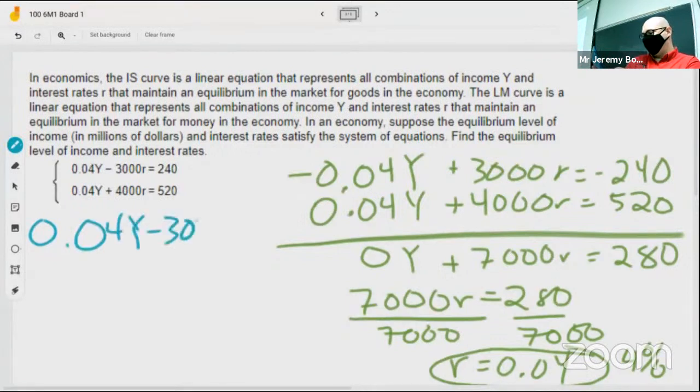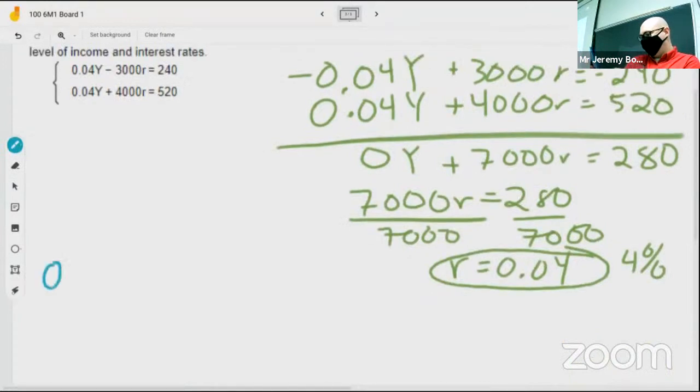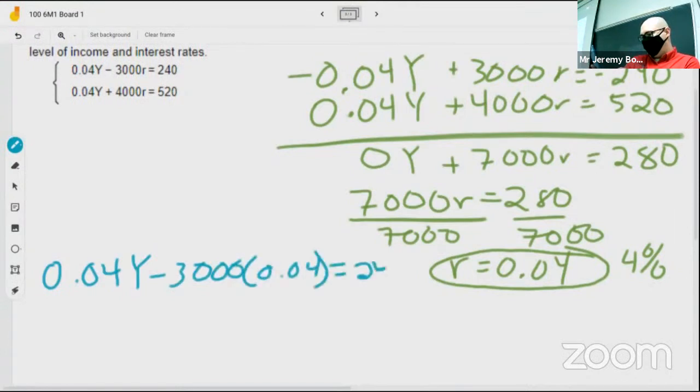So minus 3,000 times 0.04, we get 240. Let me write that in a different spot, that way I'm not all over the place. There we go. And then we solve for y.